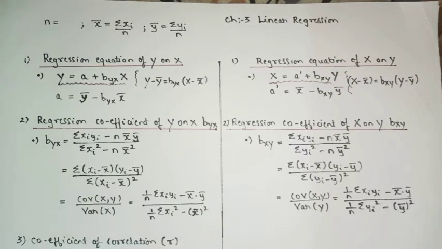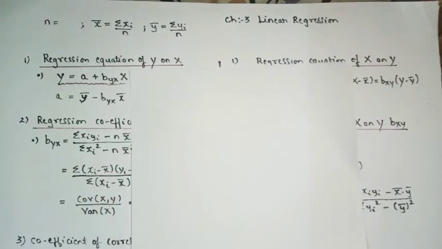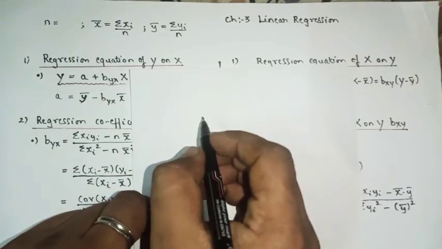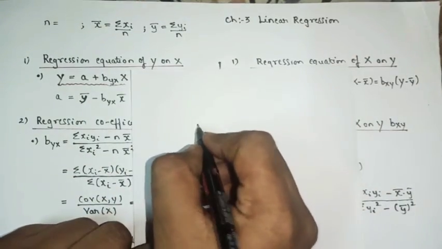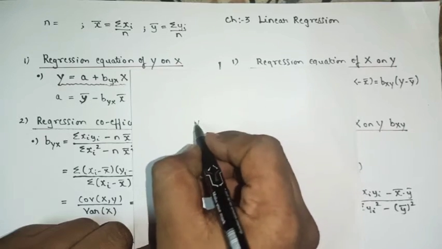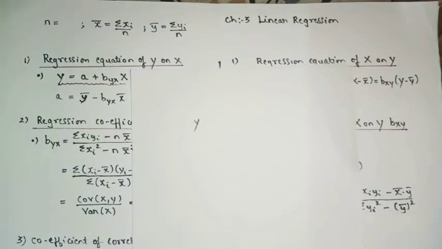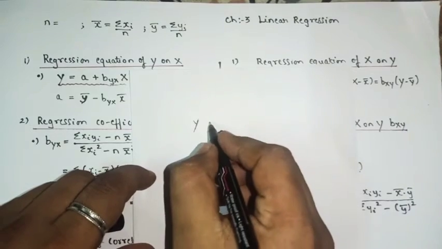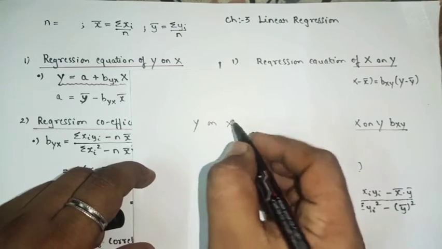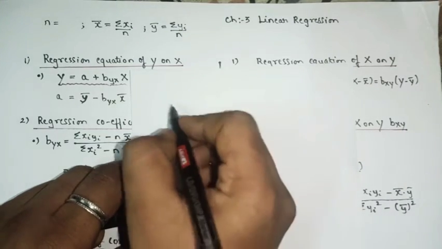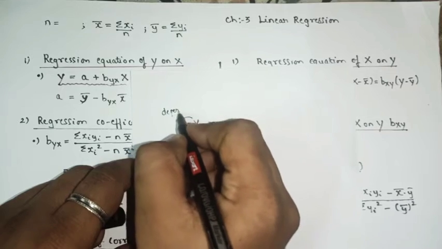So here now we'll see what do you mean by y on x and what is the meaning of x and y. In simple language I will explain. Y on x means y is dependent.